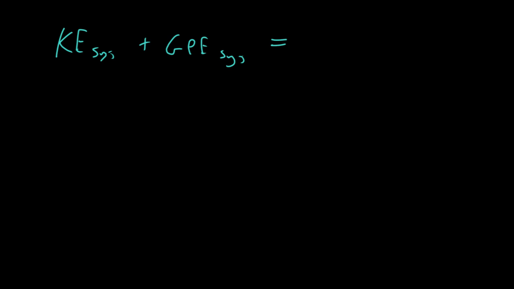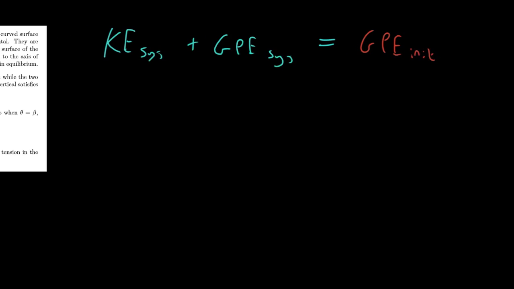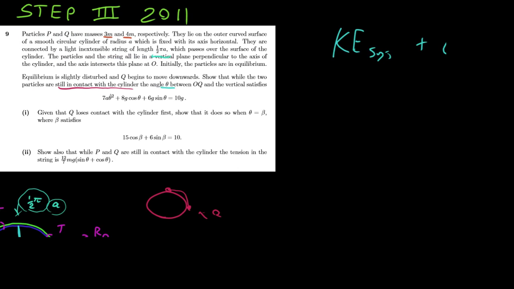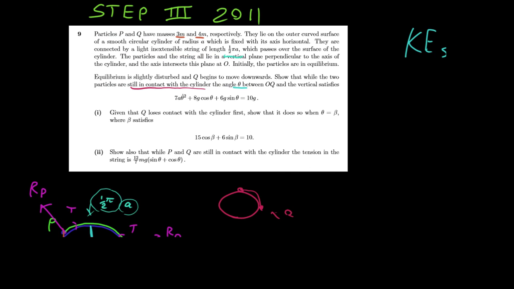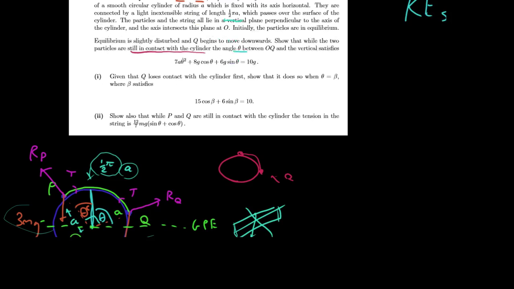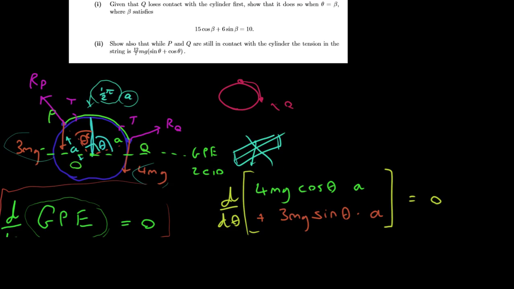What constant will this be equal to? Well, it'll actually be equal to the GPE initially, because as the particles move, all that gravitational potential energy they had at the start in equilibrium, some of it will be converted into kinetic energy. Some of it will stay where it is. But that is the energy of the system.